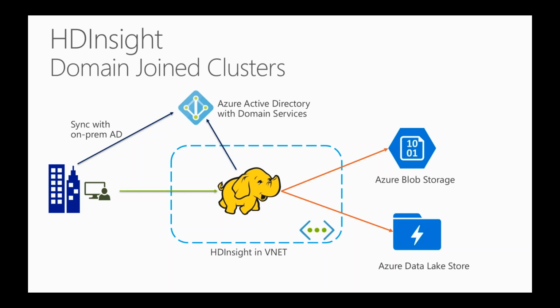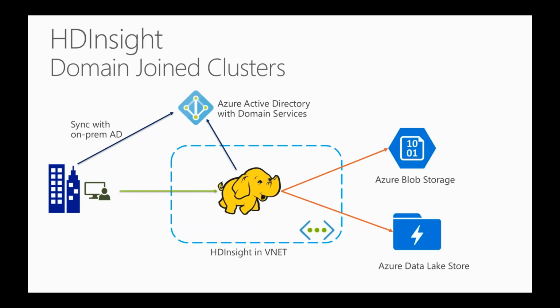Your domain admins will set up Azure Active Directory Domain Services, and you will install HDInsight and configure it to connect to Active Directory. You can also stand up Active Directory domain controllers in Azure and have them reside in the same VNet. If you have on-prem systems, that's not necessarily a bad way to go.